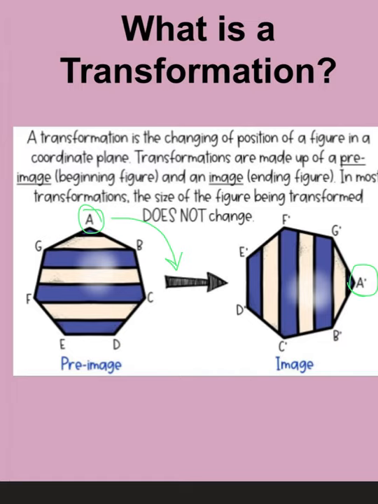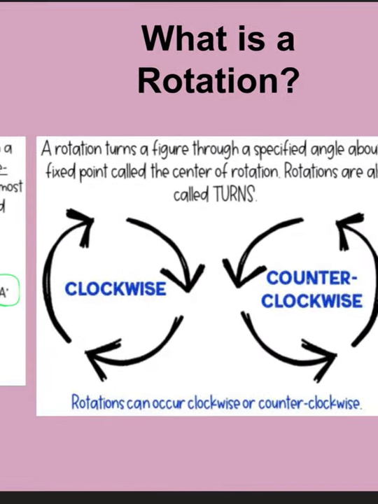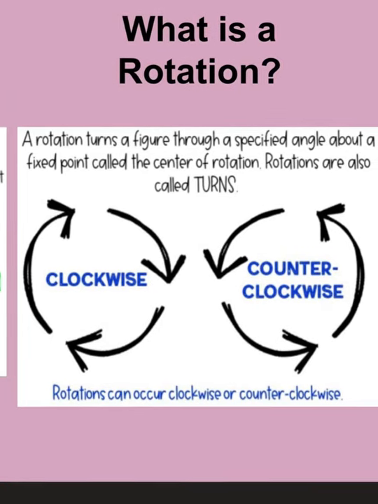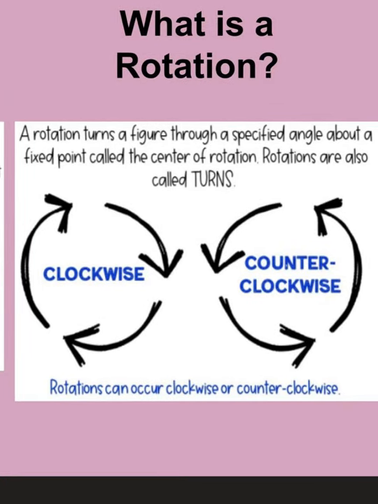Now I just mentioned clockwise. If we look at the next slide, what is a rotation? Remember, a rotation turns a figure through a specific angle about a fixed point, called the center of rotation. Rotations are also called turns. Clockwise, if you think of how the hands on a clock go, they turn to the right.